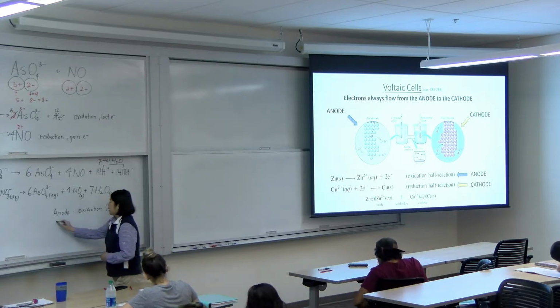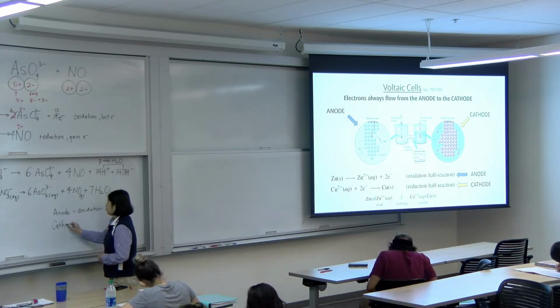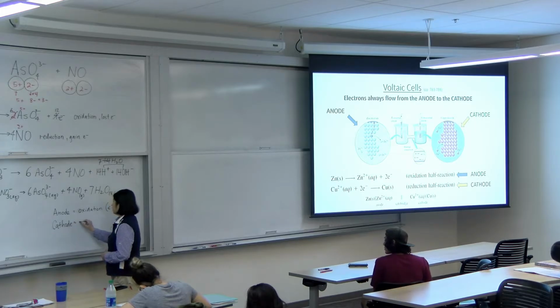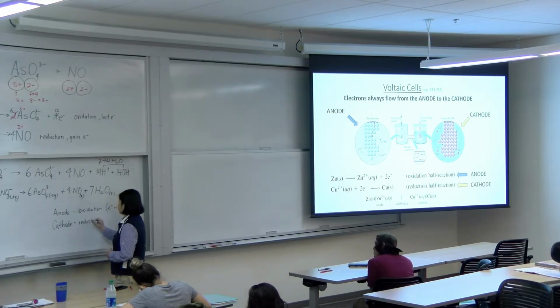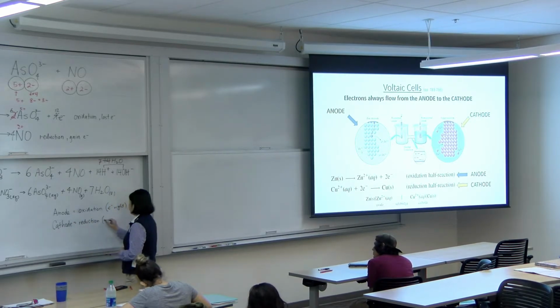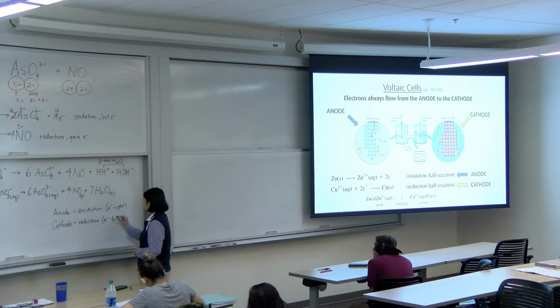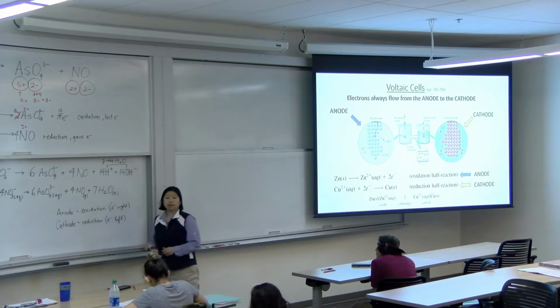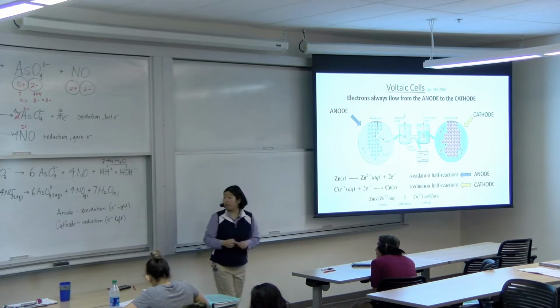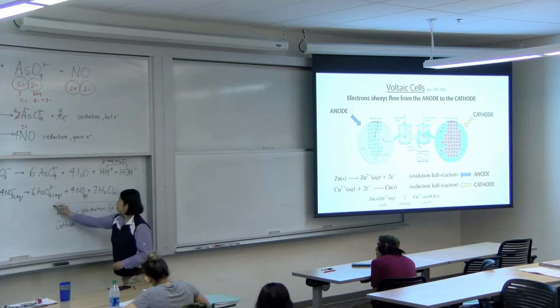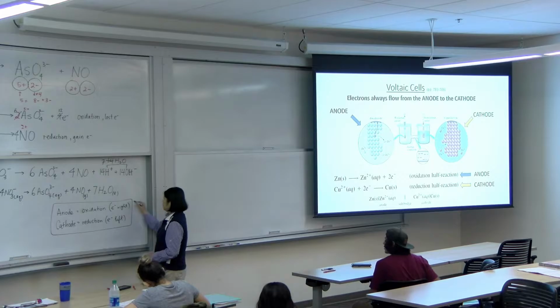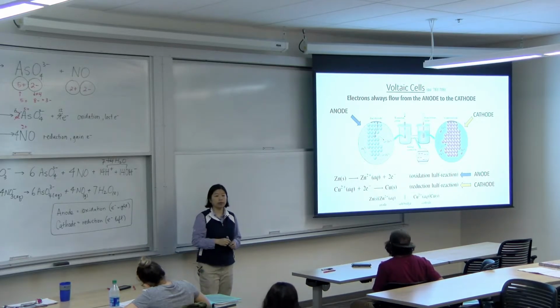Okay? The cathode is where the reduction is happening. And again, a very quick way to identify that is the electrons are on the left side. We feel comfortable? Everyone should write this down in their lecture notes. Okay?